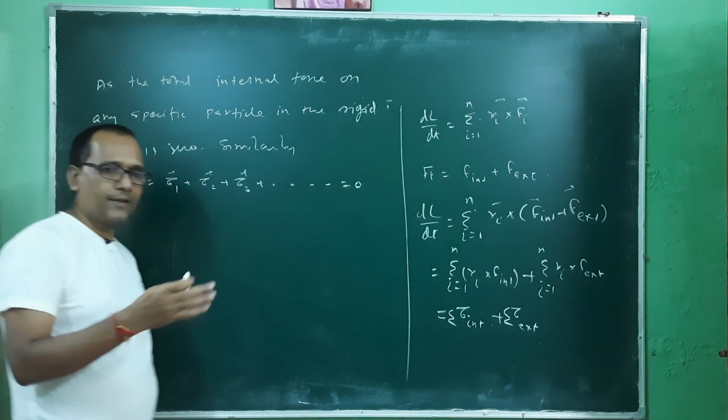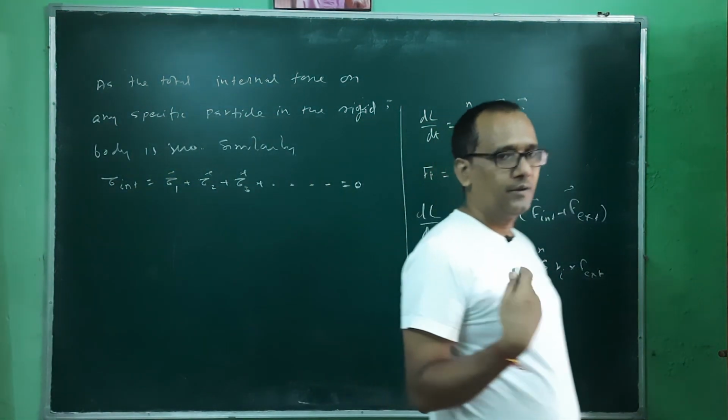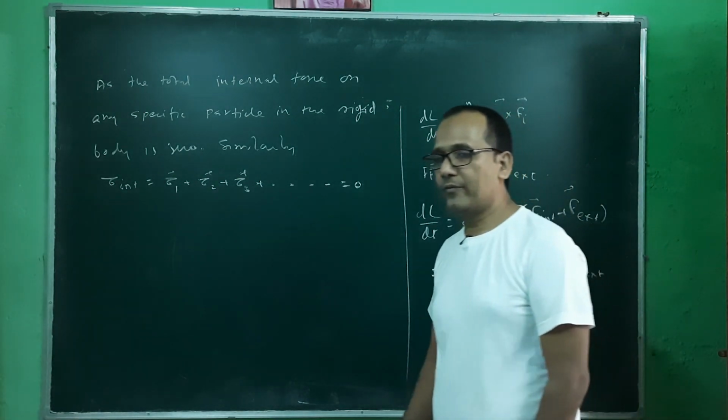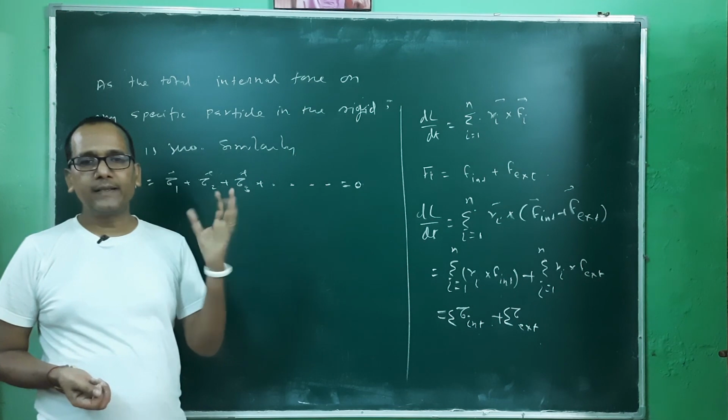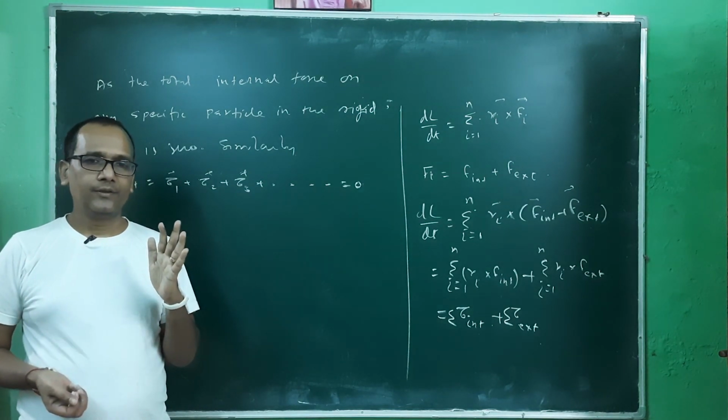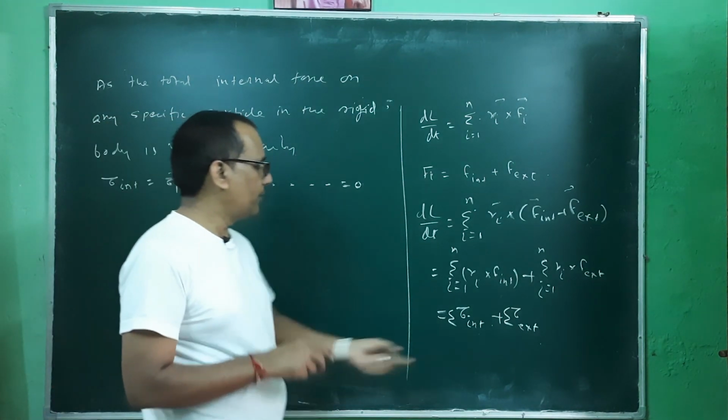So similar to the internal force concept, the torque due to the internal force means one can say that internal force cannot create any rotational effect. So the total tau internal is 0.